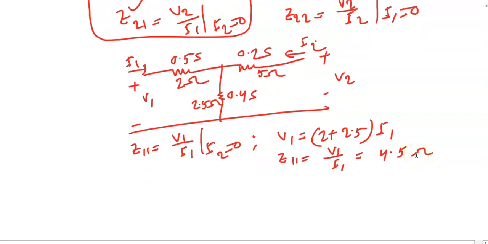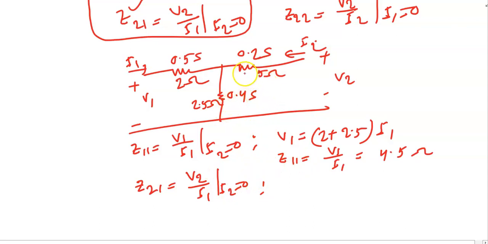So already we have made the output open, so we can simultaneously calculate the second parameter, which is G21, which is V2 upon I1, when I2 equals 0. See, what will be V2?